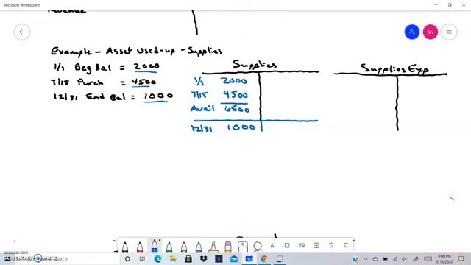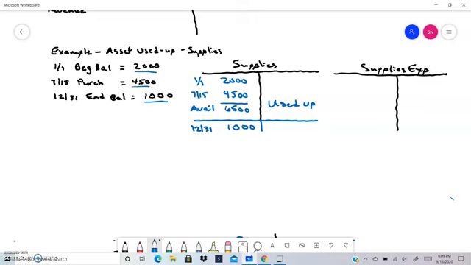And so we are going to want to make an adjustment because our supplies balance now should only be $1,000, and we should reflect the fact that $5,500 have been used up and are now going to be reflected as an expense. So our adjustment should look like this, and this would be our used up portion.